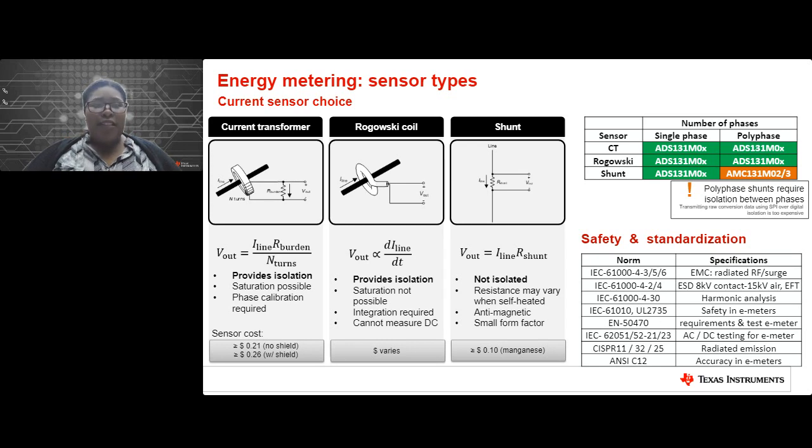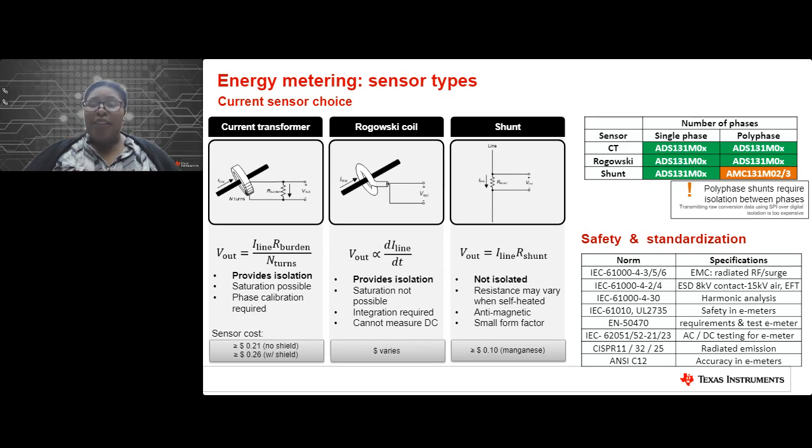Rogowski is a little less common through customers, so traditionally what you will see would be the current transformer metrology. And then finally, the shunt sensor, which is not inherently isolated, but is anti-magnetic through just the nature of the sensor.